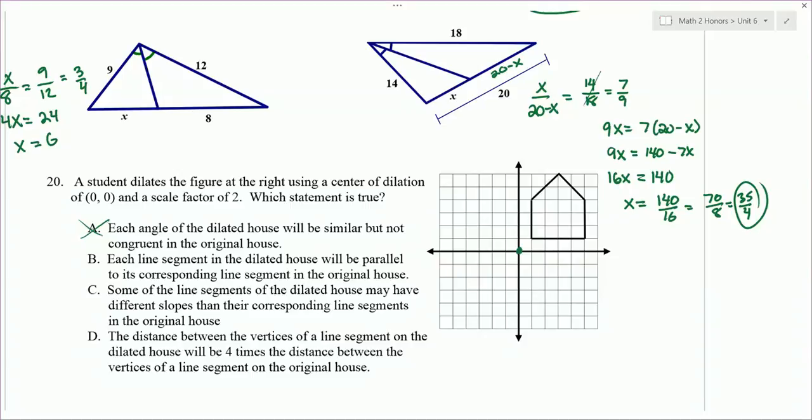Well, that's false because we're working with a scale factor of 2. So B is our only true one, because it's going to be similar and it's going to be proportional, and when you do a dilation, it doesn't rotate the figure at all.